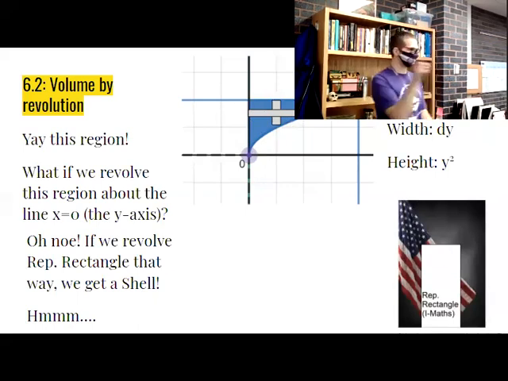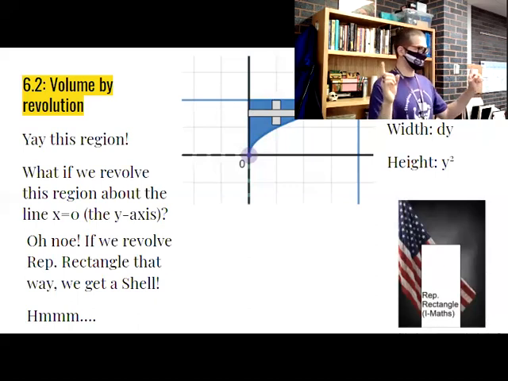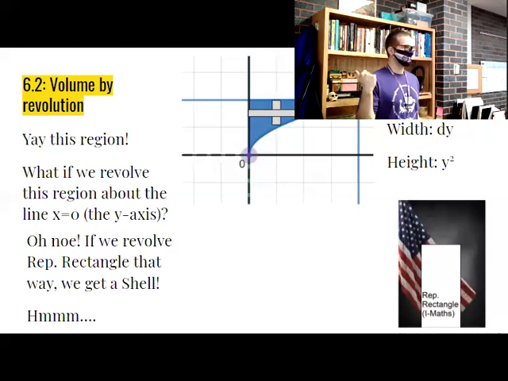Since we're doing things in terms of y, I need a function in terms of y. I can't just say square root of x. That's in terms of x. I need it in terms of y. So if you solve y equals square root of x for x, you get x equals y squared, which will work for us here.